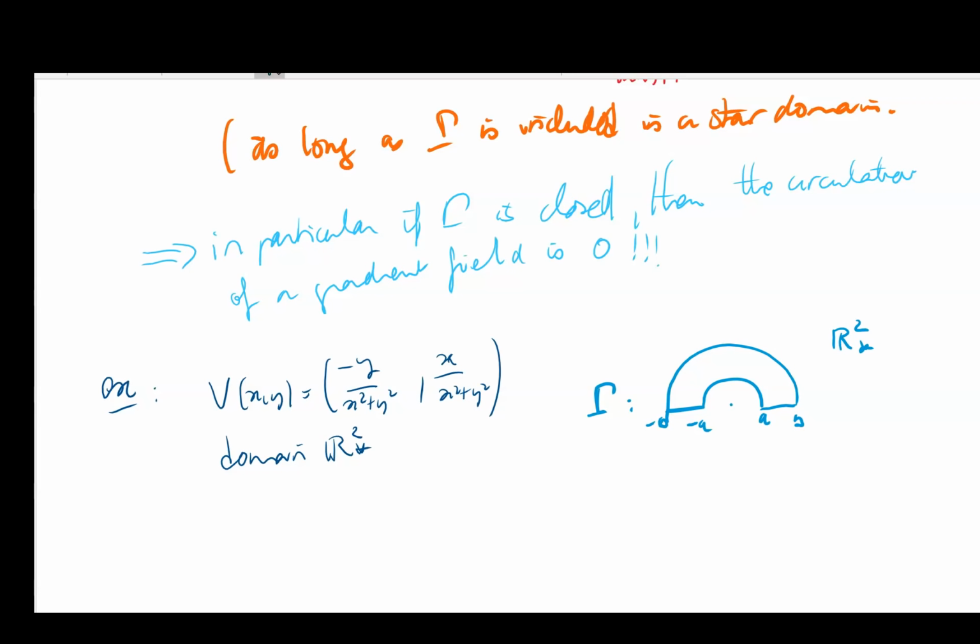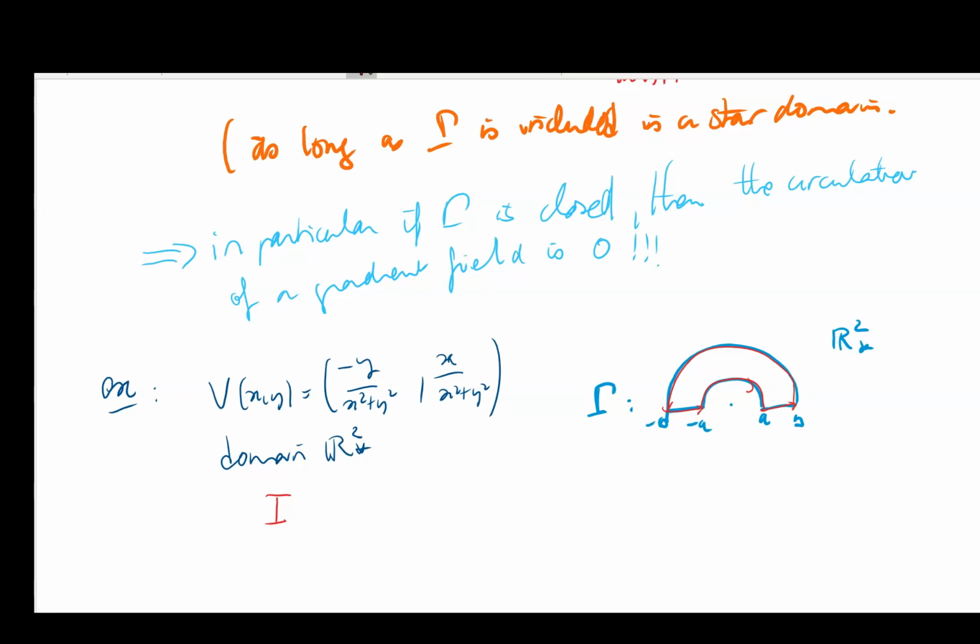We go from A to B, then along that outer circle, we reach the point negative B, 0, we go on this straight line, and then we use this inner circle of radius A. And I want to compute the circulation of V on that curve.